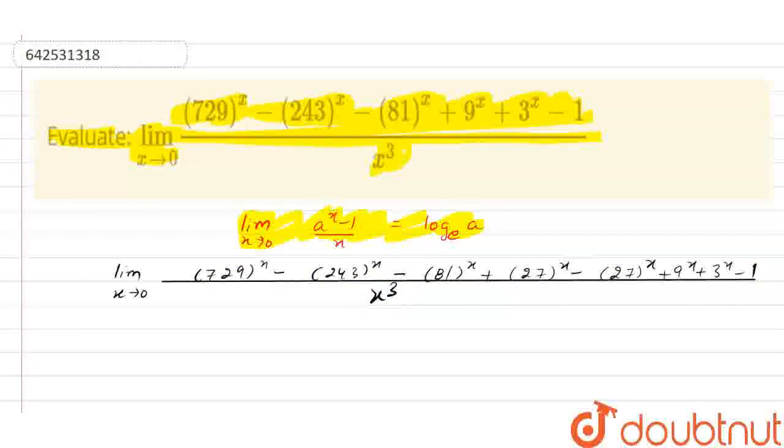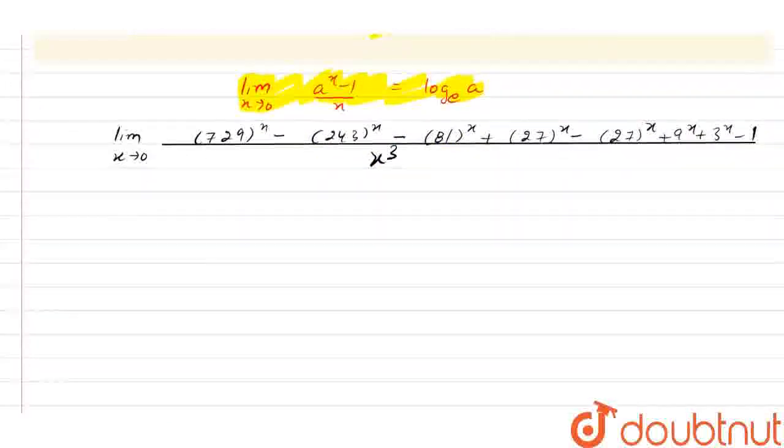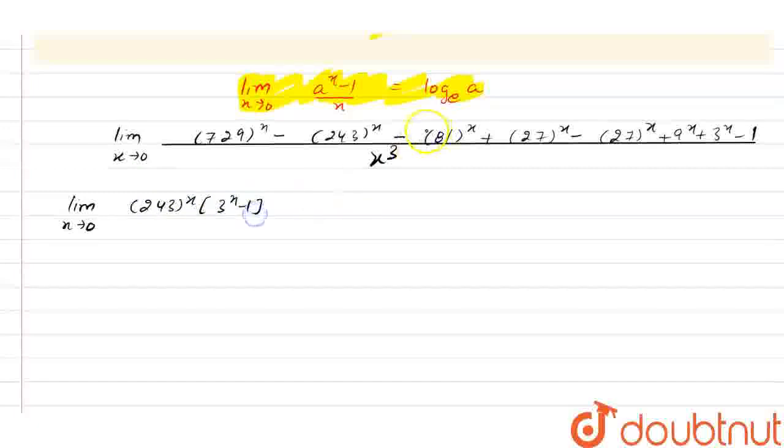So now after solving this, we can write our limit x tends to 0. We have now, by taking 243 raised to power x common, 3 raised to power x minus 1. Similarly, by taking minus 27 raised to power x, we have 3 raised to power x minus 1.